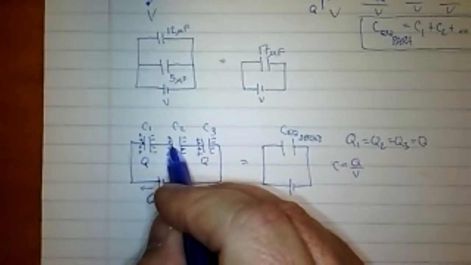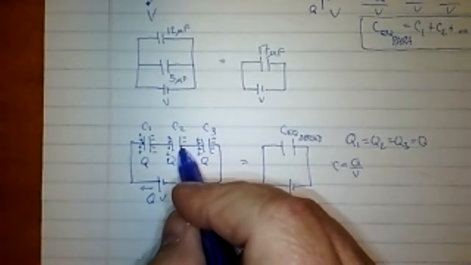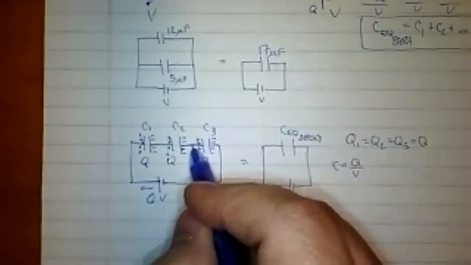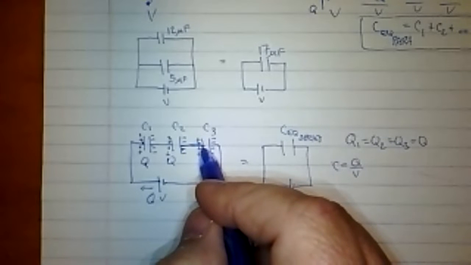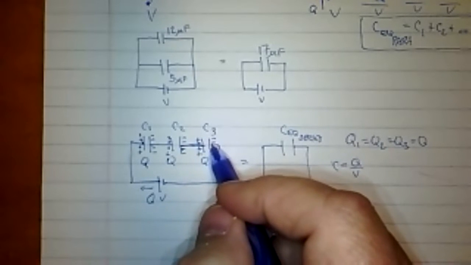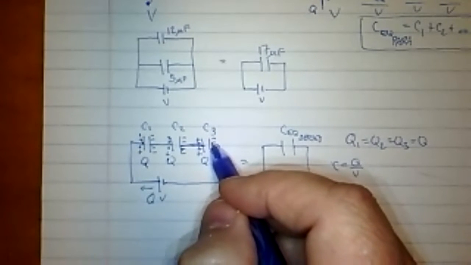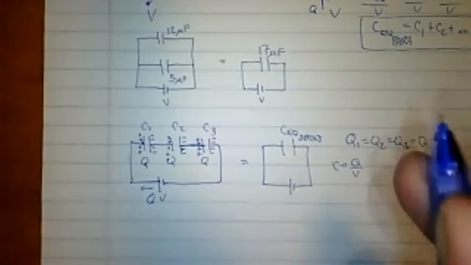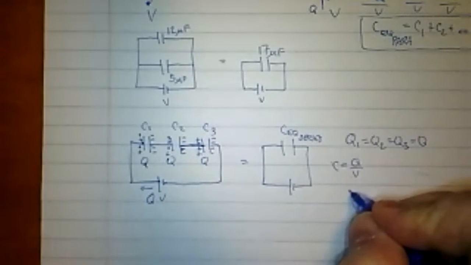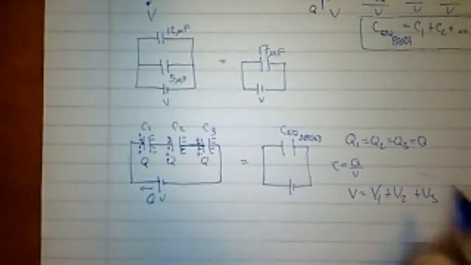And then I'm going to drop down from 12 minus Q over C1 to 12 minus Q over C1 minus Q over C2. And then as I get to here, I'm going to drop down to 12 minus Q over C1 minus Q over C2 minus Q over C3. And of course, that's actually going to be 0. So I'm right back where I started.